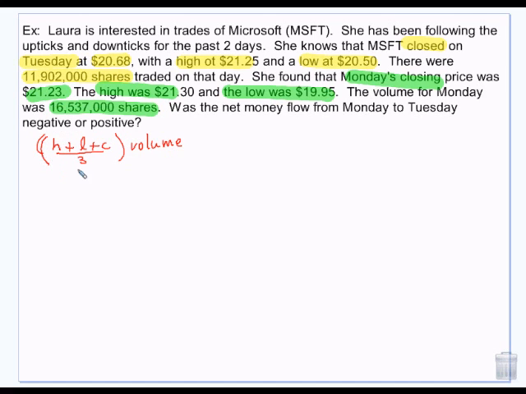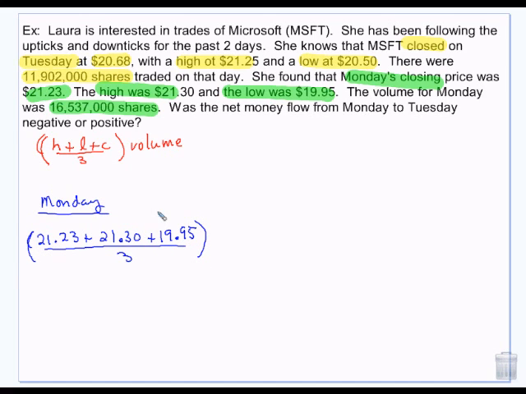Okay, so we're going to find out Monday's. We're going to take 21.23 plus 21.30 plus 19.95 and divide that by 3. And whatever we get, we're going to multiply it by Monday's volume. Ah, right here, 16,537,000.